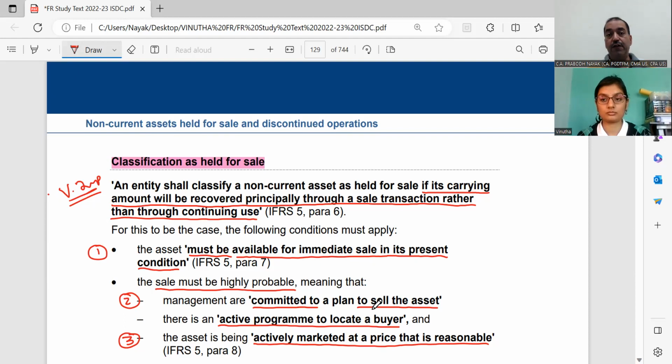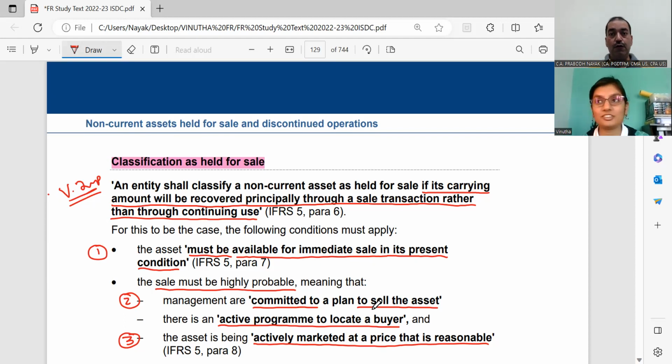So by end of December 31st, suppose all the assets are not sold. Only 20% of the assets are sold, 80% is still there. What will you do? You have to show it in the balance sheet. But can you show it as IAS 16? You can't, because you are not using it for a business purpose. Can you show it as IAS 40?